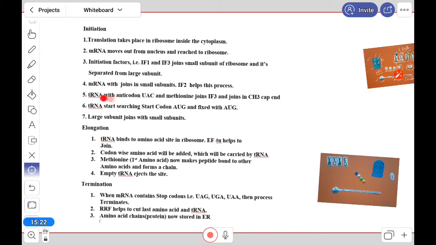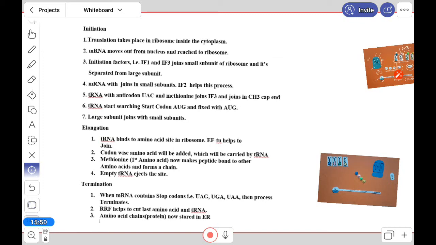The tRNA with the anticodon and methionine joins the first codon and the methylated cap region, and it starts searching for AUG and fixes at AUG, and methionine is already there. The large subunit now joins the small subunit, that is the last phase of initiation.